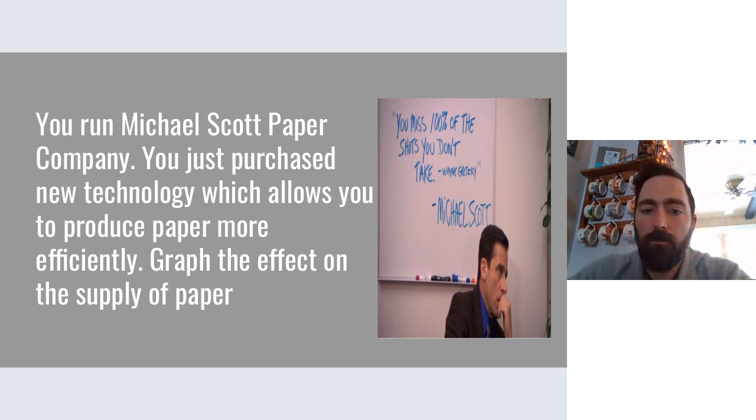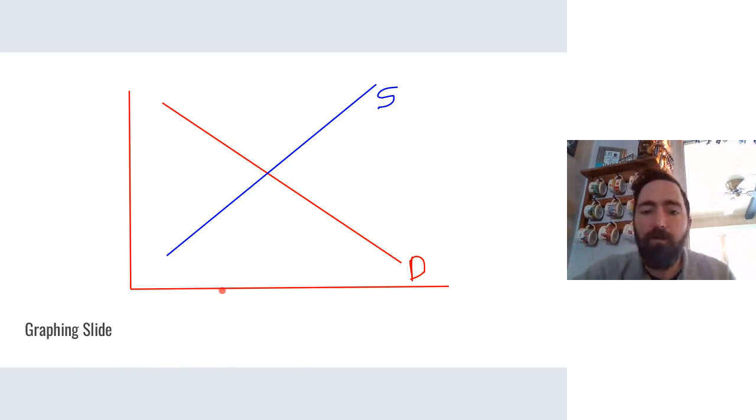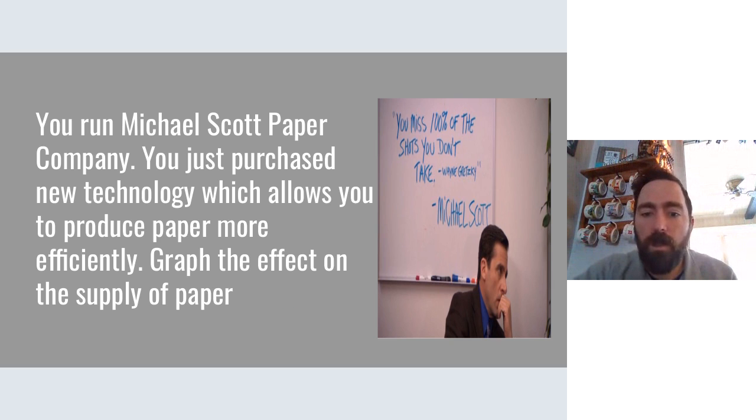Since I gave you those tips and paused the video, you run Michael Scott Paper Company. You just purchased new technology which allows you to produce paper more efficiently. Graph the effect on the supply of paper. Okay, so if you go to that tip, skill number 1, new technology. Once you see technology, we know that's affecting what?